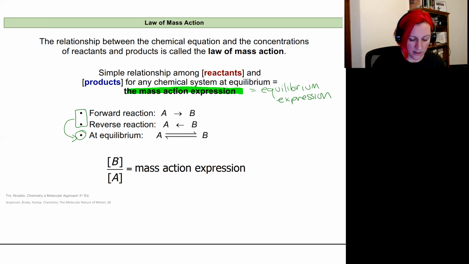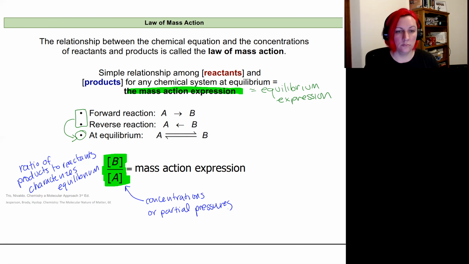This ratio characterizes what equilibrium is for the expression. We're always going to make sure that we put the products on the top and the reactants on the bottom of this fraction. This fraction is the ratio you'll use to say the equilibrium for this is such and such, and it allows you to talk about it and talk about changes to it.